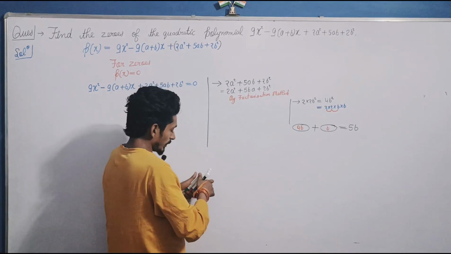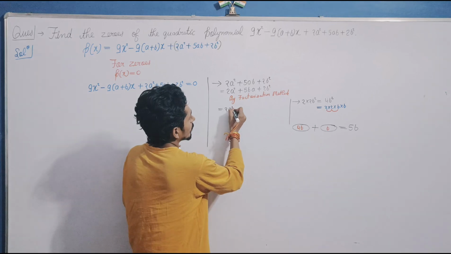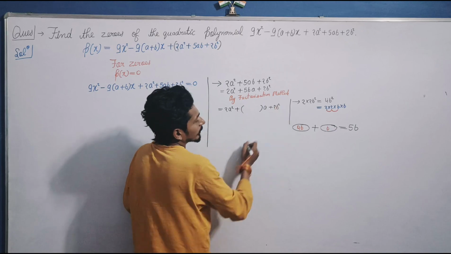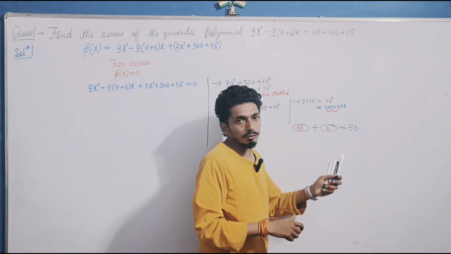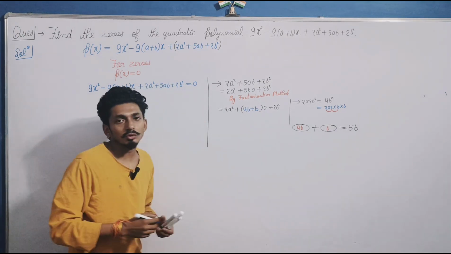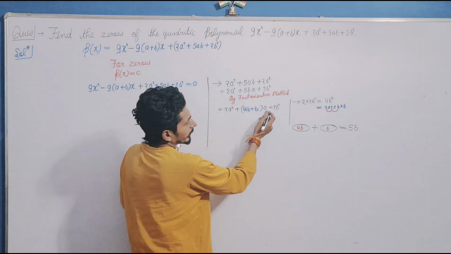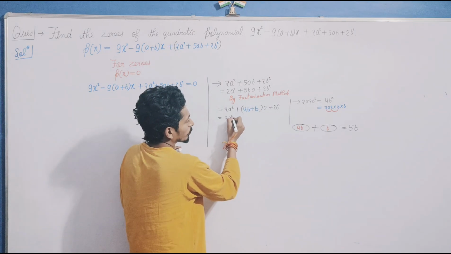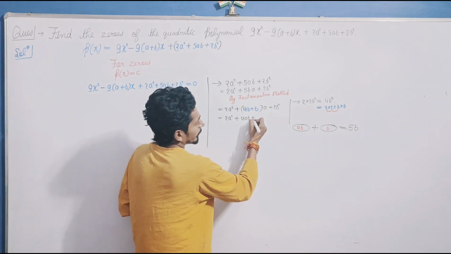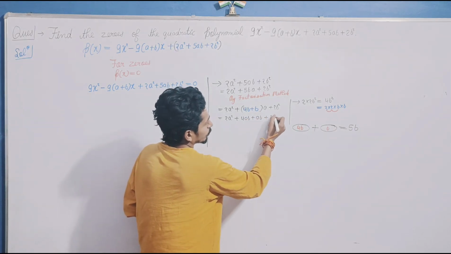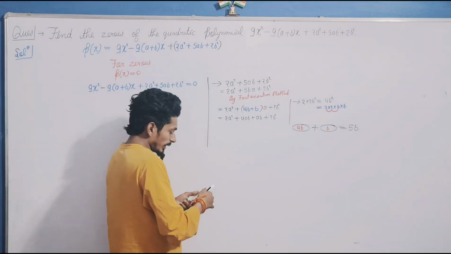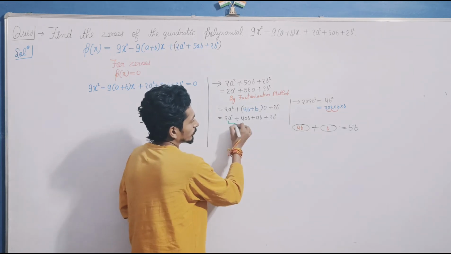So here we can replace 5b by 4b plus b. Yes or no? Now we multiply with a. So here we can write 2a square plus 4b into a, 4ab, plus b into a, ab, plus 2b square. Yes or no? After that we will take common in the pairs of 2.